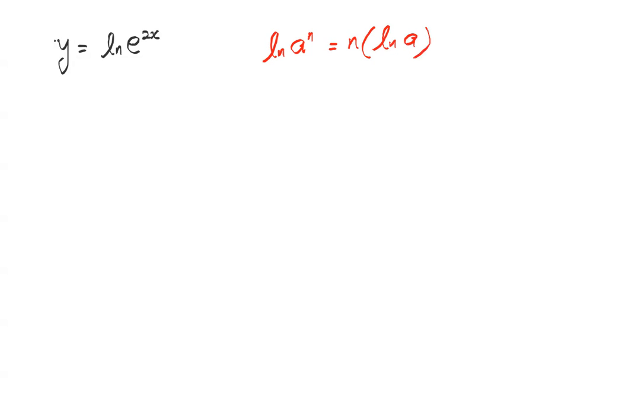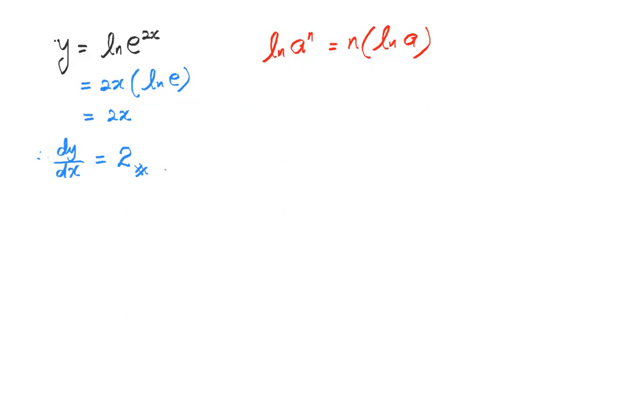So I will write this as 2x times ln e. And I know the value of ln e, am I right? That is 1. So therefore, my dy dx, my gradient, is a constant gradient as well. That is 2.